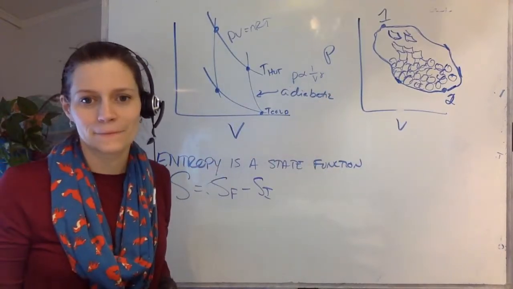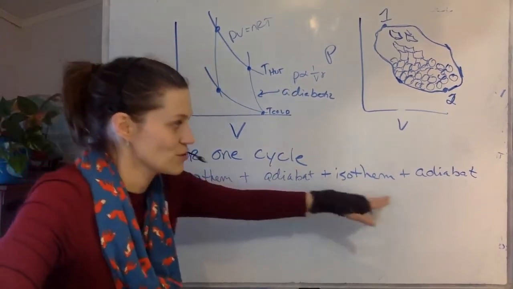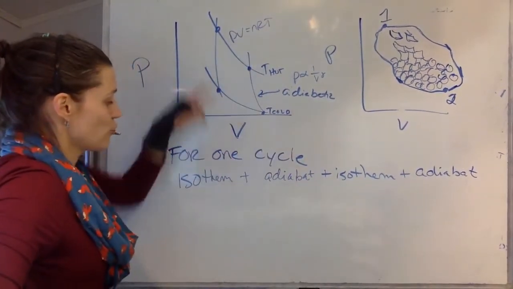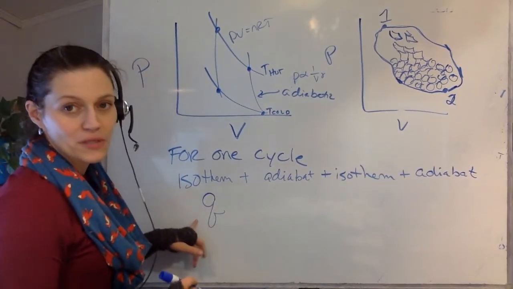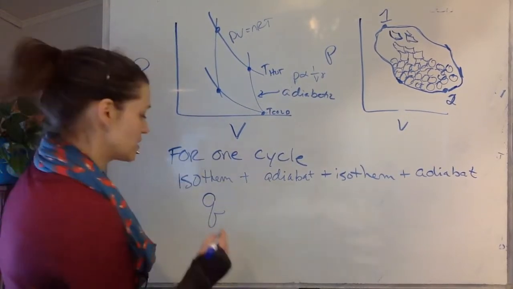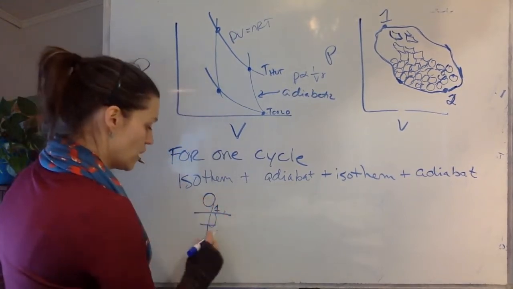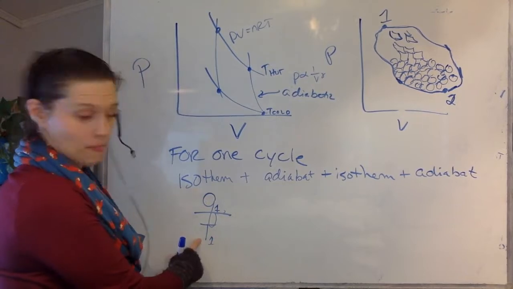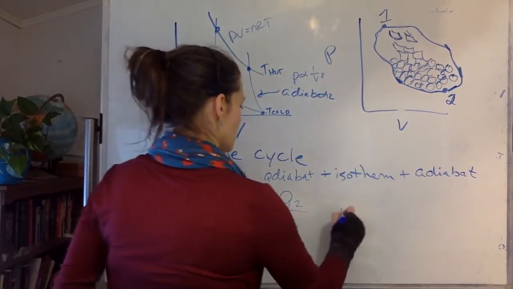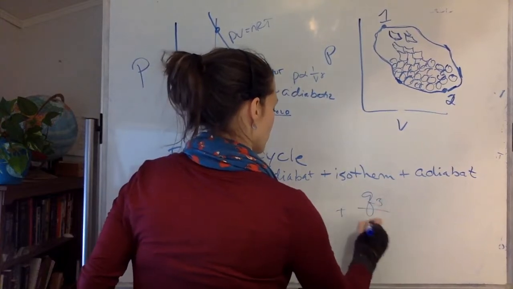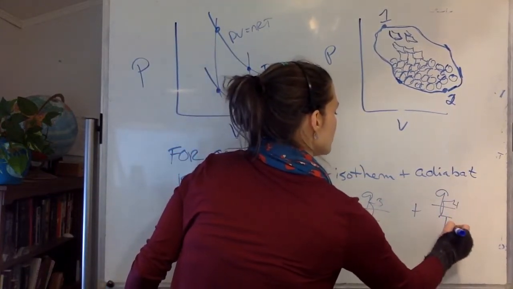For one cycle, we have an isotherm plus an adiabat plus an isotherm plus an adiabat: 1, 2, 3, 4. For each isotherm, we have the Q that we gain, or the work put into the system, per T. I'm going to call this Q1 divided by T1, plus Q2 divided by T2, plus Q3 divided by T3, plus Q4 divided by T4.